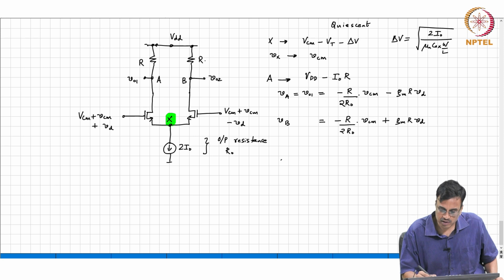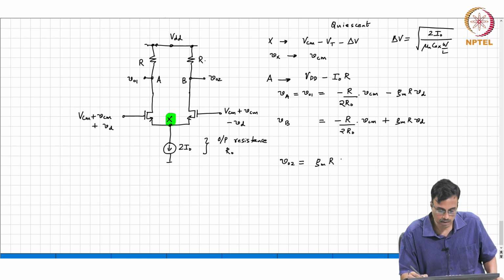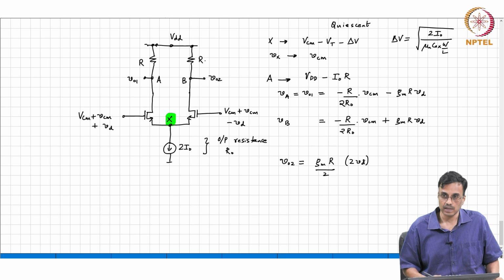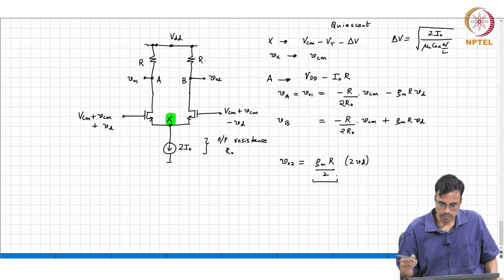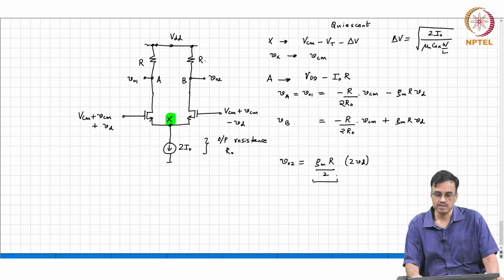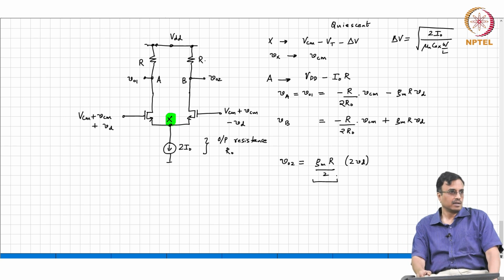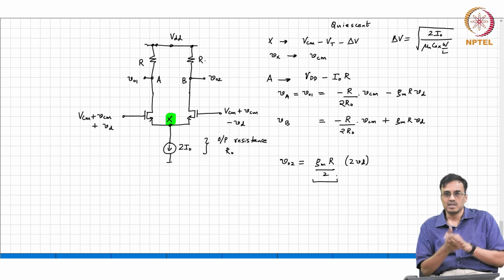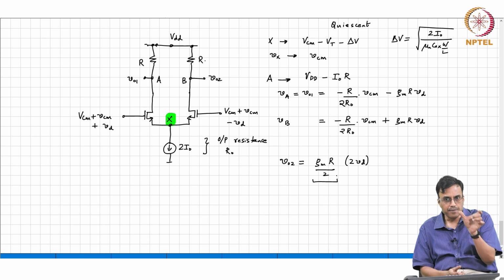So, the output voltage VO2, for example, is nothing but Gm times R by 2 times 2 Vd, right. So, the differential pair is therefore giving you a gain of GMR by 2 for the difference between the terminals Vx and Vy.